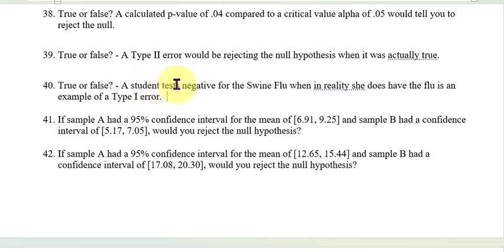So it showed that she didn't have it when in reality she did. So they should have rejected the null. The null states that she didn't have it in the first place. Remember, the null always states that there's nothing going on. There's no relationships, there's no difference. So this is saying the null was correct, but in reality she did have it, so they did not reject. So this is a type 2 error, so that's false.